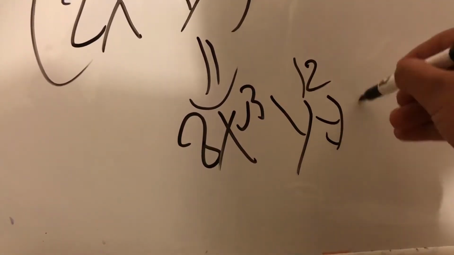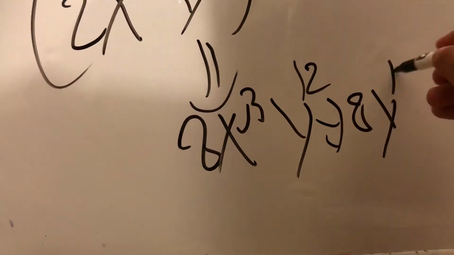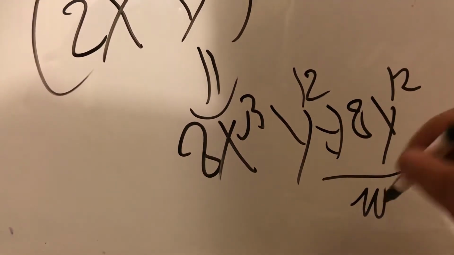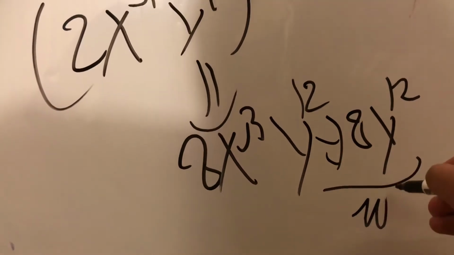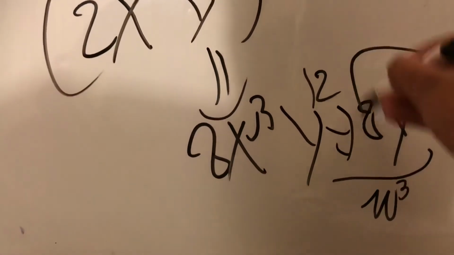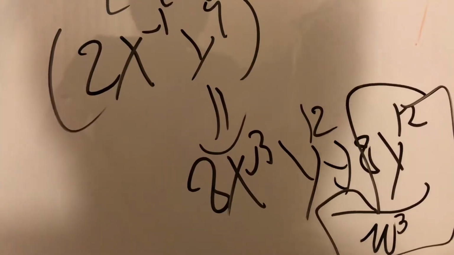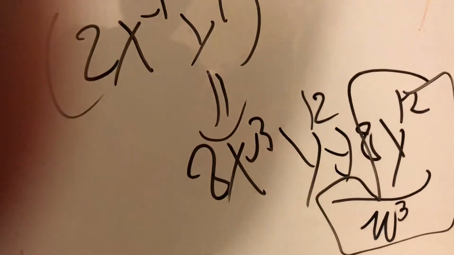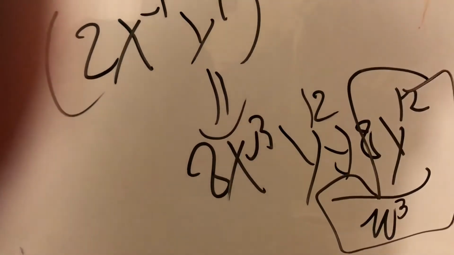It's going to be 8 y to the power of 12 over x to the power of 3. This is our answer: 8y to the power of 12 over x to the power of 3. We're going to the next one.